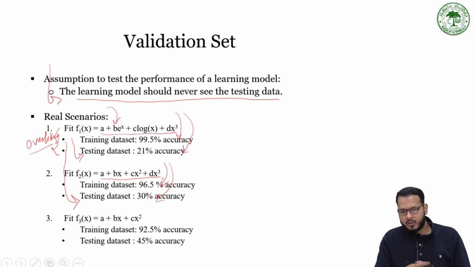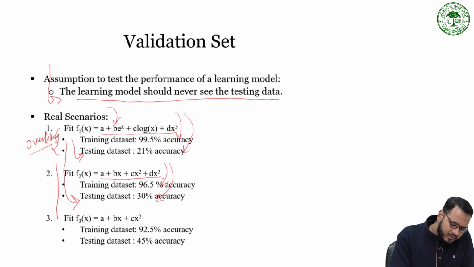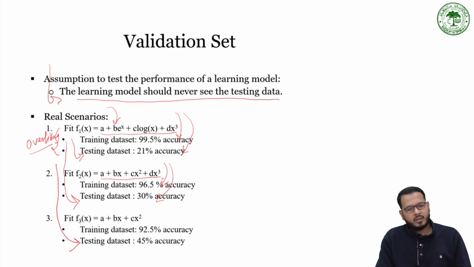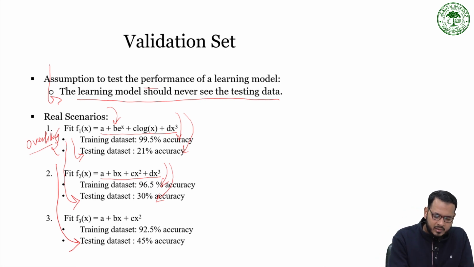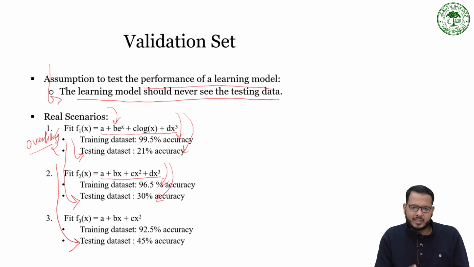So the model or algorithm has seen the testing data set once again. We once again reduce it. Once again, our testing data has been exposed. And the assumption says that the algorithm should never see the testing data except once when you are testing its performance on this unseen data.